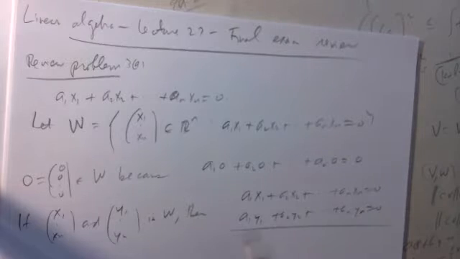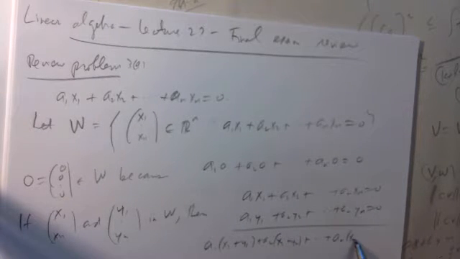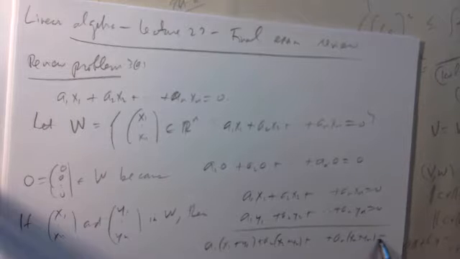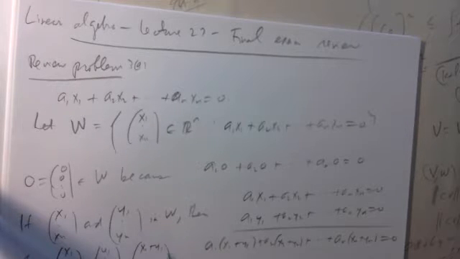But if you add these equations, a1 times x1 plus y1 plus a2 times x2 plus y2 up to an times xn plus yn is 0 plus 0, which is 0. So this is another solution. So the sum of these two vectors, which is x1 plus y1 down to xn plus yn, is in W because this is a solution.